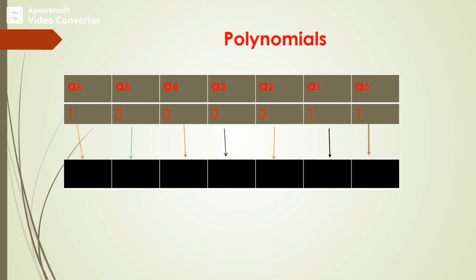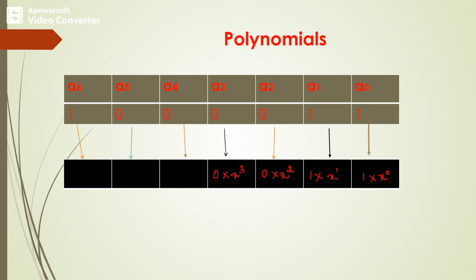So now we can write A0 as 1 into x power 0, and A1 as 1 into x power 1. Similarly, A2 we can write as 0 into x power 2, and A3 is 0 into x power 3.